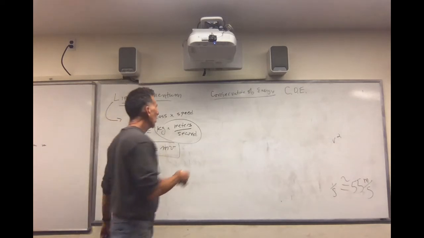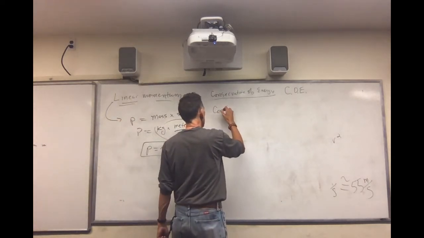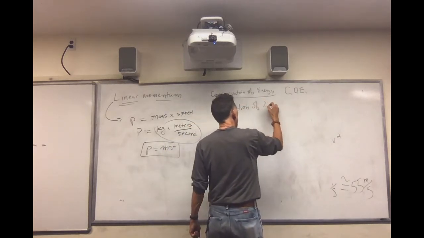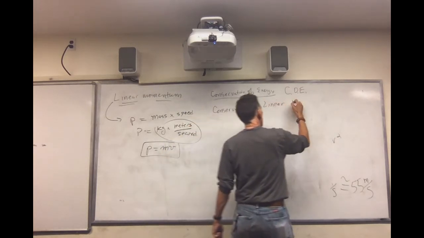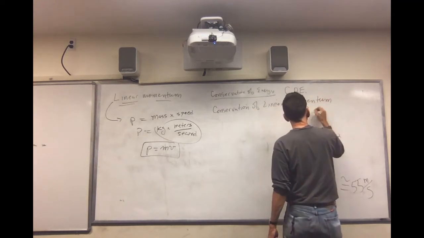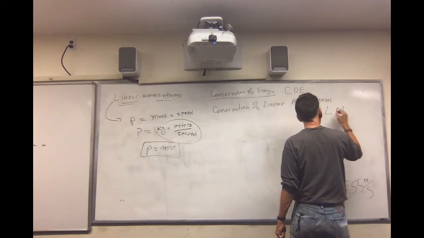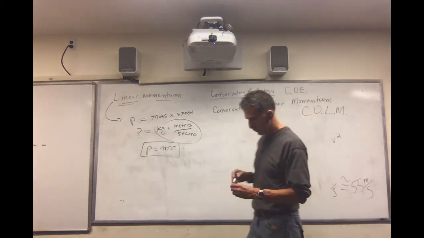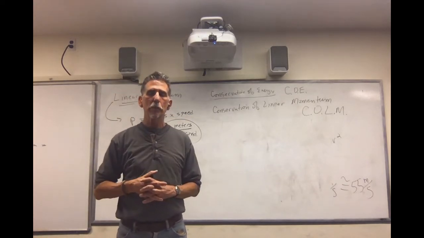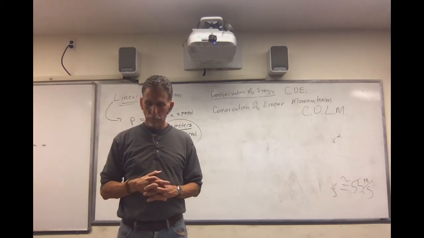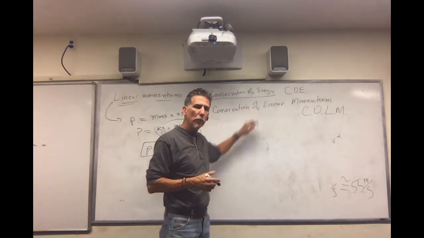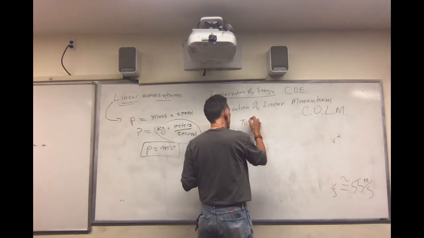Now, we're going to have another law. It's going to be conservation of linear momentum. Conservation of linear momentum, COLM. How's that? What this says is that the total momentum you start with is equal to the total momentum you finish with.